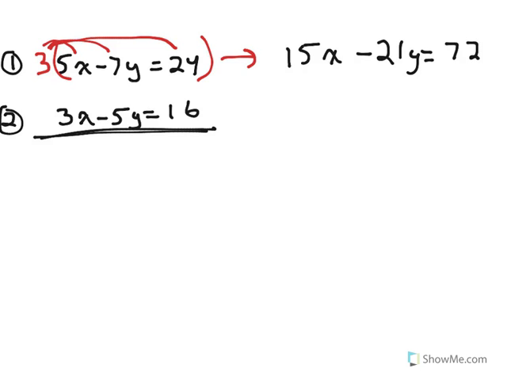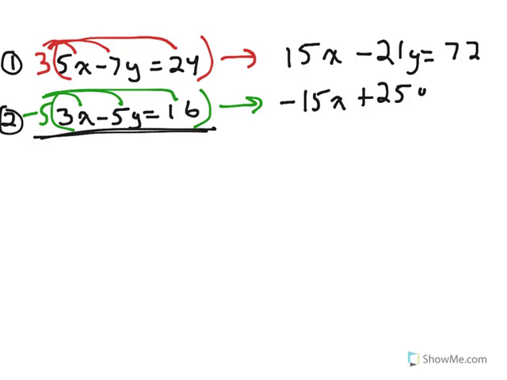Now I want to change equation number 2 to have the opposite value, negative 15. So I am going to multiply equation number 2 by negative 5. Every single term, both sides of the equal sign. And that gives me negative 15x plus 25y equals negative 80. Now I can add them together and eliminate x.